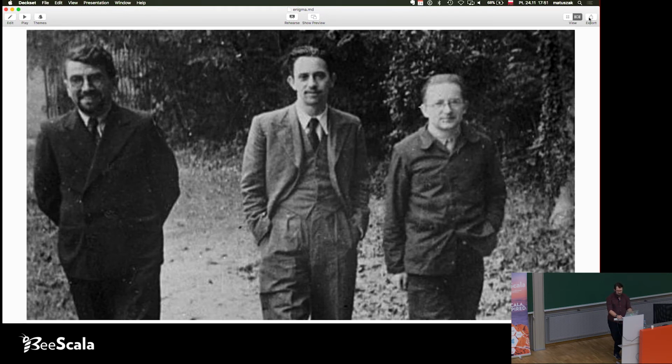Actually, these Polish mathematicians open sourced their findings, or their documents, to the English and French military just before the war started.